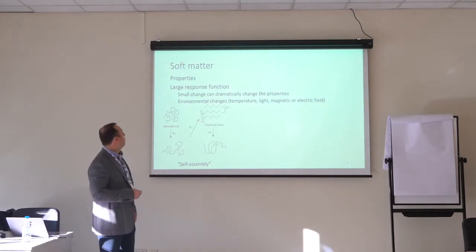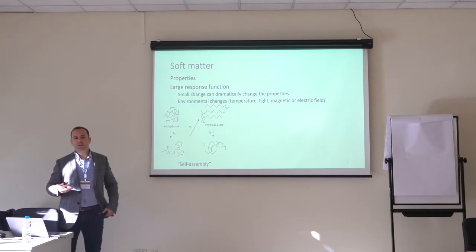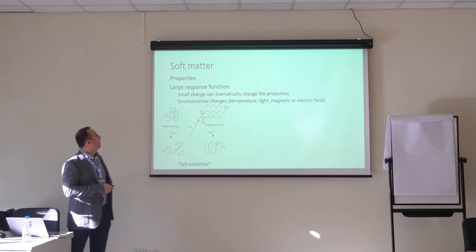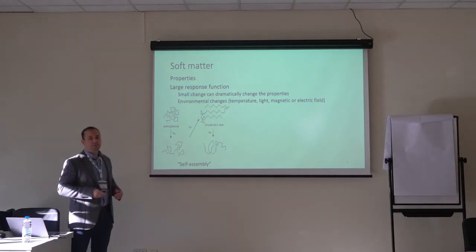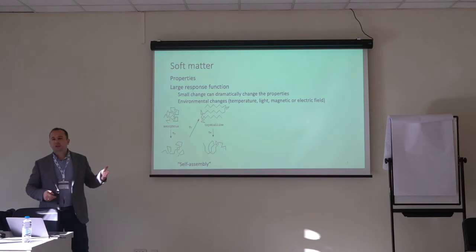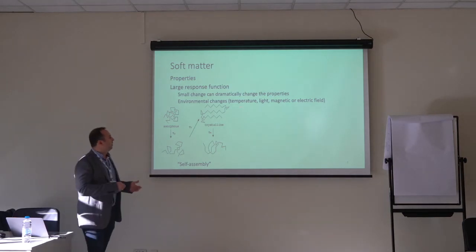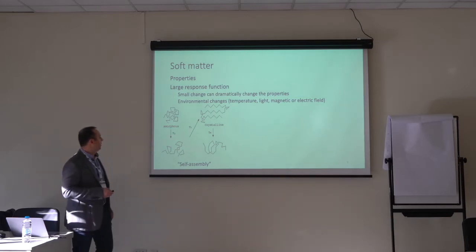As I already mentioned, the structure and properties of soft matter are governed by thermal vibration. That means we have a large response function, so a small change can dramatically change the properties of the system, and the external stimuli can be temperature, light, or magnetic or electrical fields.